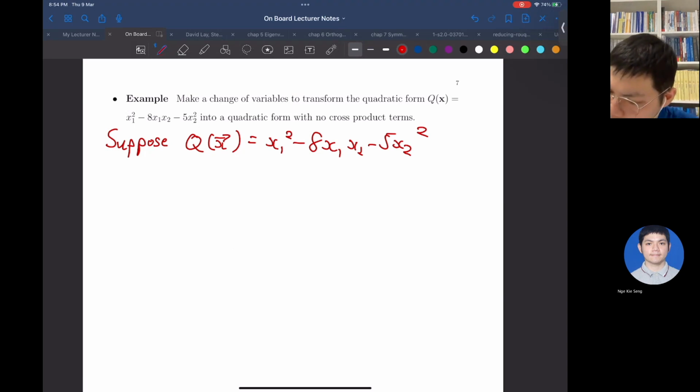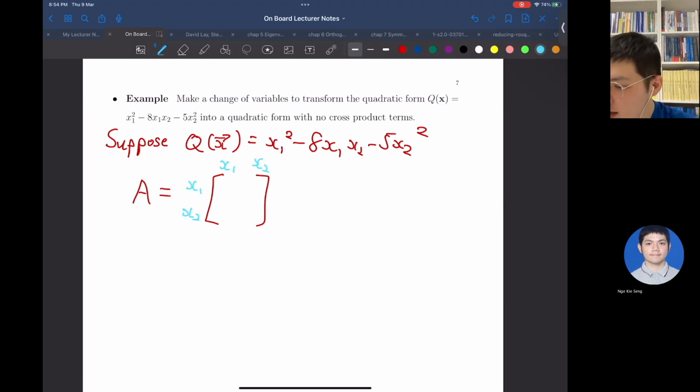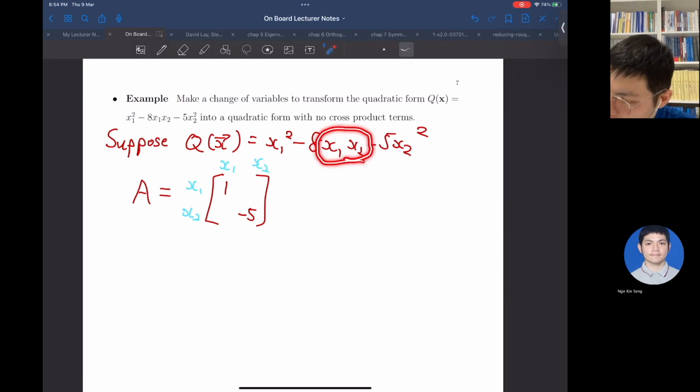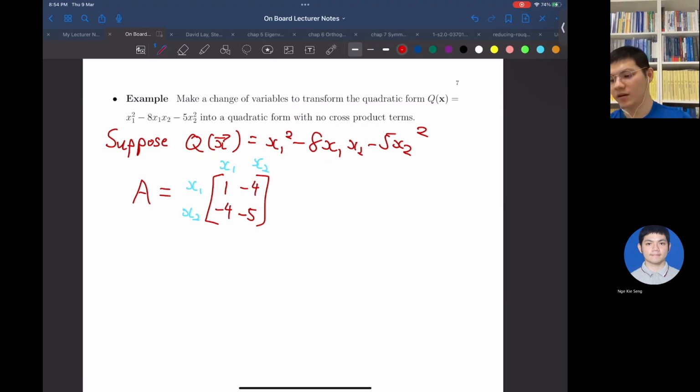Recall that to find the symmetric A, the coefficients of the diagonal terms should be the coefficients for x1 squared and x2 squared. For example, we have 1 and minus 5. And for the x1 x2 term, the coefficient will be split equally into two parts, which gives minus 4 and minus 4 on the off-diagonal.